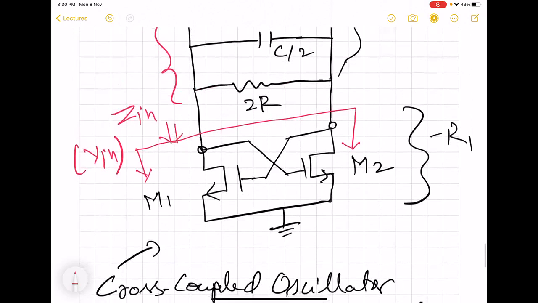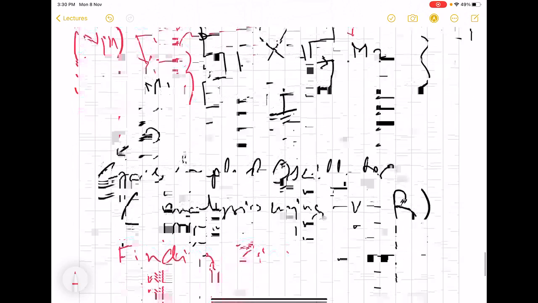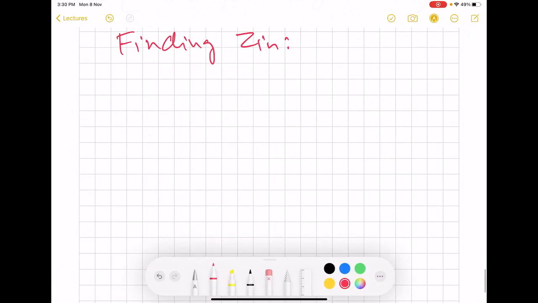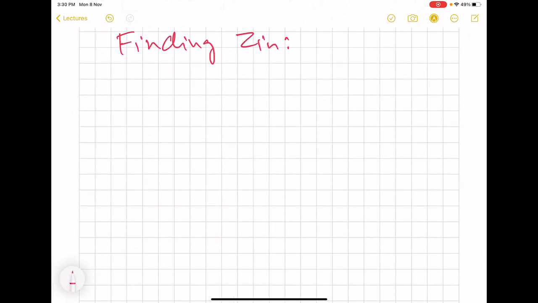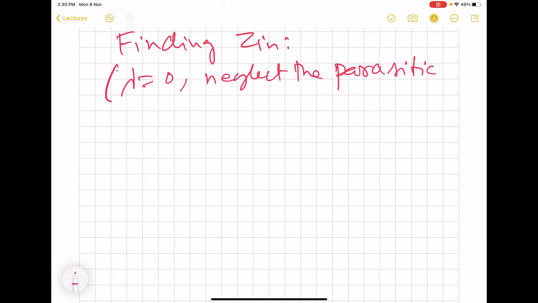So for that, we are going to draw the equivalent circuit of this much portion of the oscillator. And for that, we will take lambda is equal to 0. This is the assumption we will make. And initially, we will neglect parasitic capacitors of those MOS.